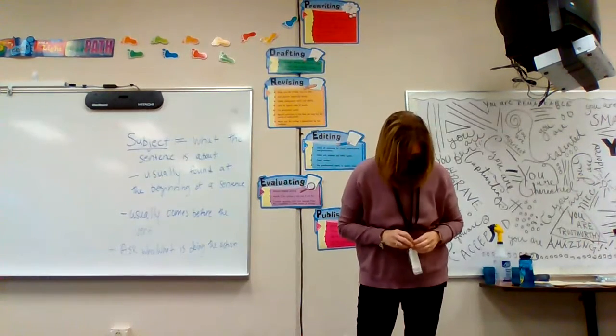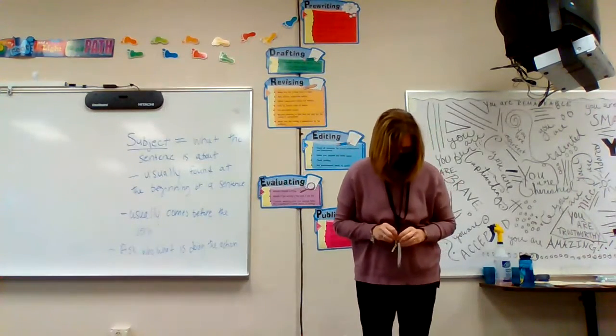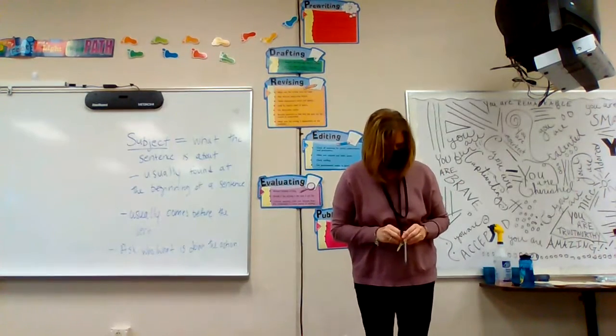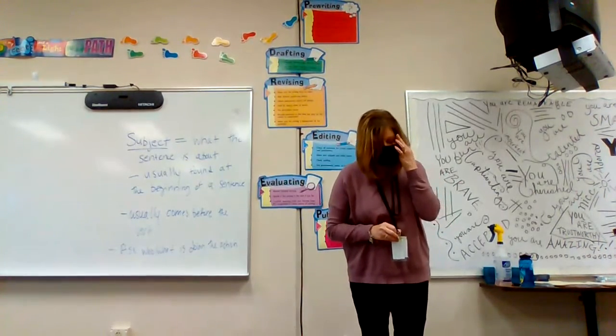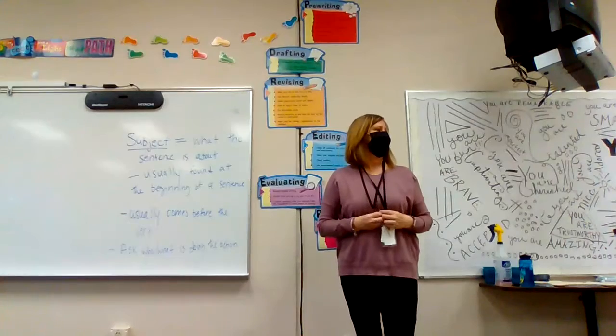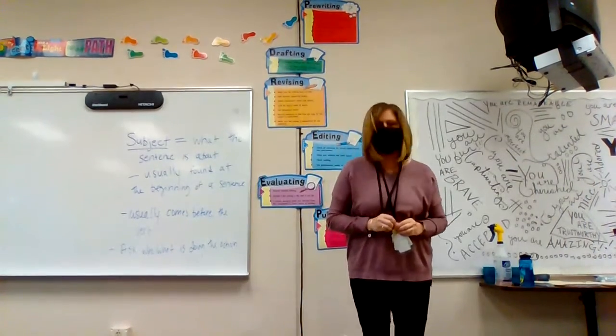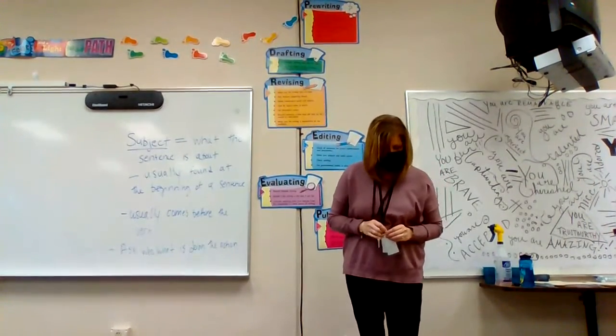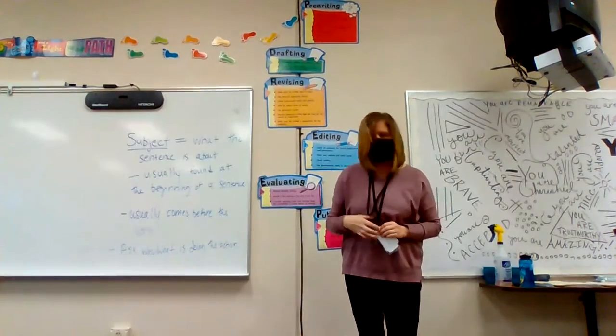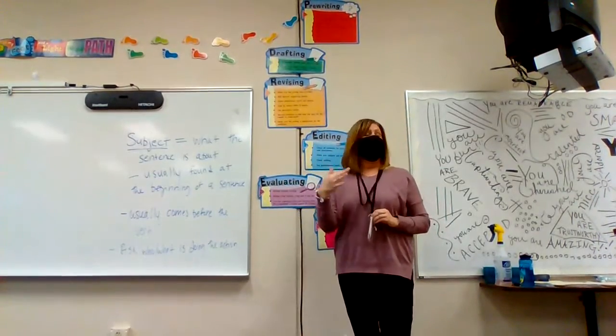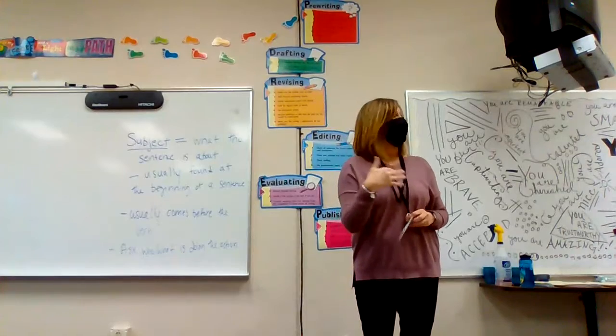All right, Celine, number 12. The Hope Diamond was donated to the Smithsonian Institution in 1958. Hope Diamond is the subject because the action is was donated. What was donated? The Hope Diamond.